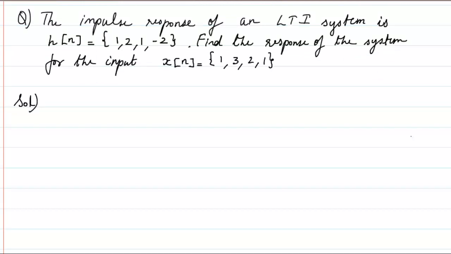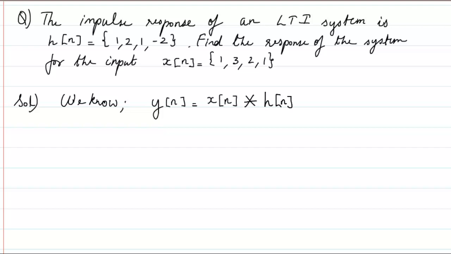Next, the impulse response of an LTI system is h of n, which is given. Find the response of the system for the input x of n. We know that if we want to find y of n, it is basically the input convolved with the system h of n.